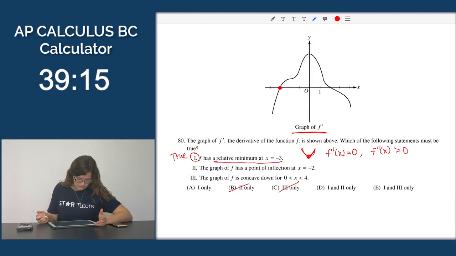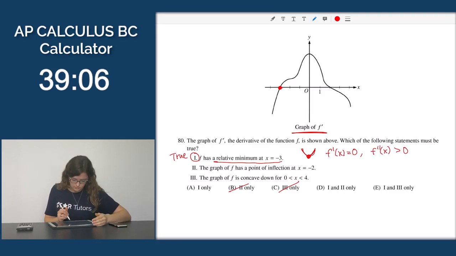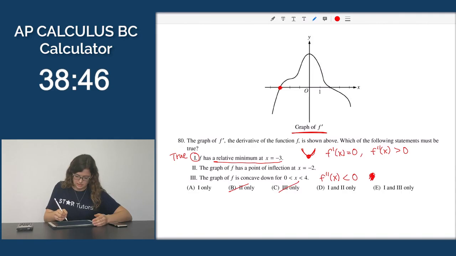2 says the graph of f has a point of inflection. Oh, actually I need to check both. Well, we'll see. The graph of f has a point of inflection at x equals negative 2. And the third one says the graph of f is concave down from 0 to 4. I'm going to check 3 first. So graph of f concave down would mean that f double prime of x, the second derivative, would have to be negative for those x's, which would mean that the slope of the first derivative, which is the one that I see, would need to be negative.